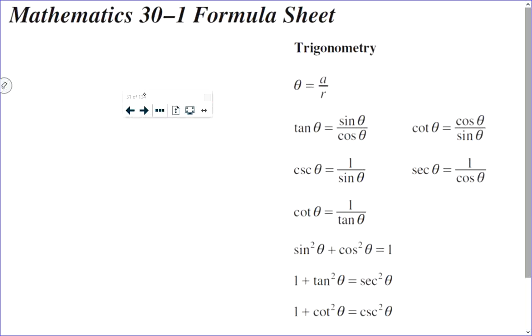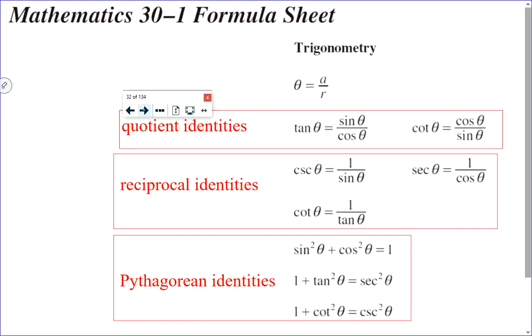You need to know the names of these identities. You need to know that the quotient identities are called quotient identities because they have a ratio over a ratio. The Pythagorean are Pythagorean because they're related to the unit circle and x squared plus y squared equals r squared in some way. And then the reciprocal identities are reciprocals.